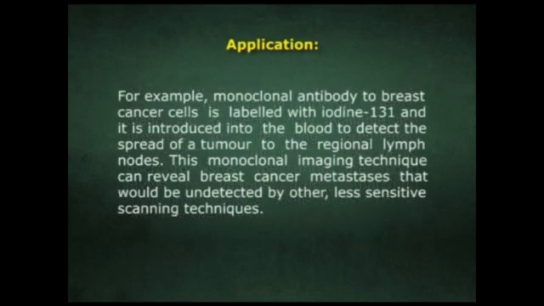For example, monoclonal antibody to breast cancer cells is labeled with iodine 131 and introduced into the blood to detect the spread of tumor to regional lymph nodes. This monoclonal imaging technique can reveal breast cancer metastasis that would be undetected by other less sensitive scanning techniques.